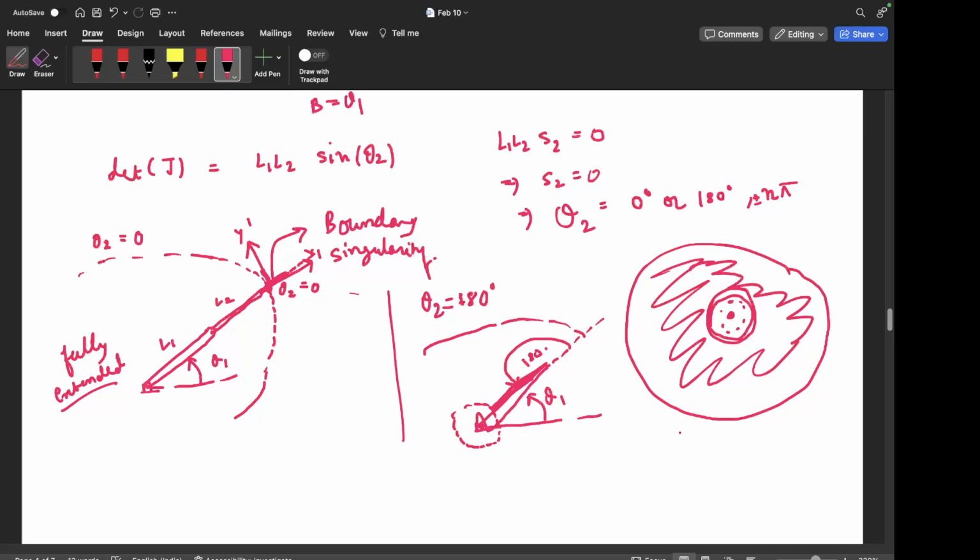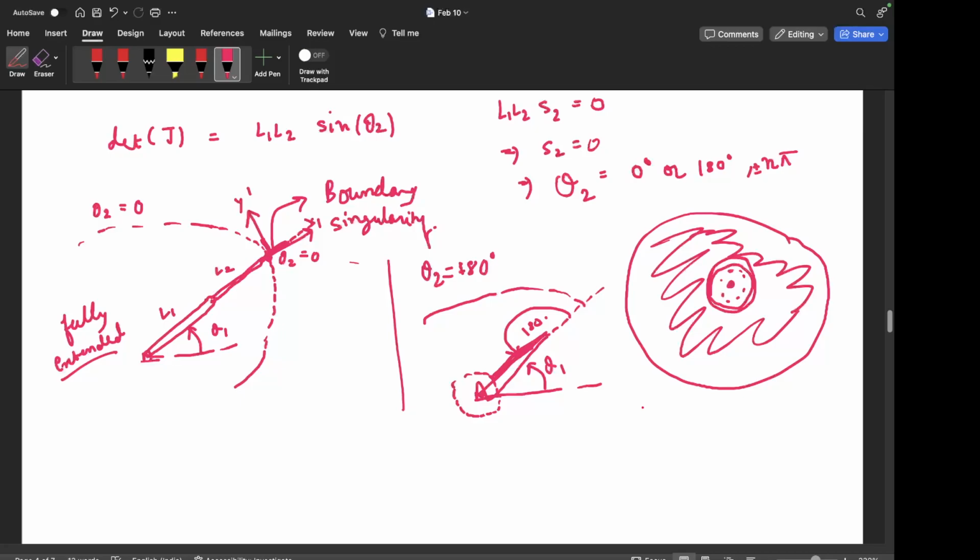Okay, so you would see that for any manipulator, since the boundaries of the workspace are related to the singularity locations, earlier we drew the workspace just by intuition, right? That where it can reach, it can be fully extended or fully folded. But you can also draw these workspaces by doing singularity analysis.